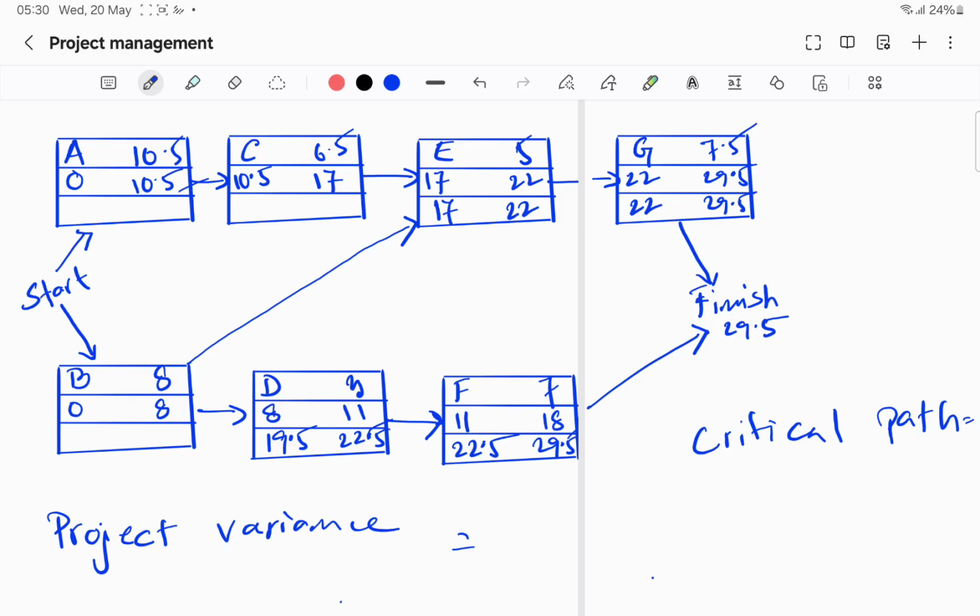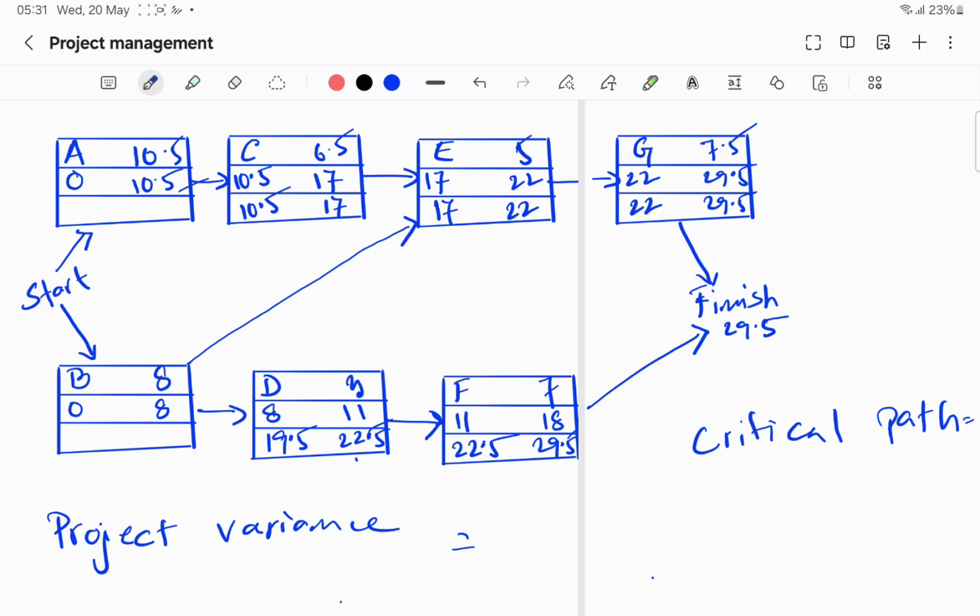Now from E to C, we don't have to worry, since C is going to just one of them. So 17 would be the latest finish, and the latest start should be 17 minus 6.5, which is 10.5. But for B, it goes to E and D. Next task E depends on B and C, so if B is not done, E cannot be done.